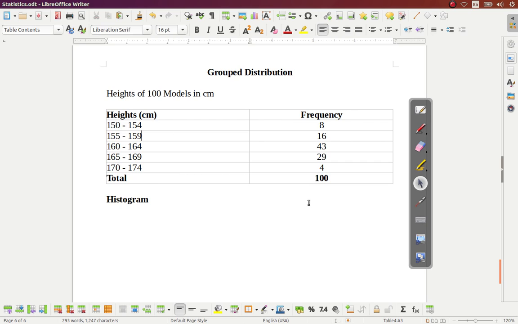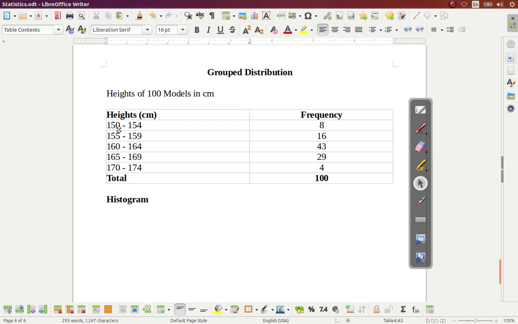Now, we can use a graph paper to represent the information here. We call it a histogram. You see here that we start at 150 and we end at 174.